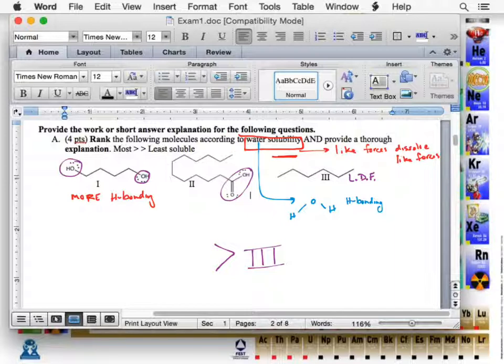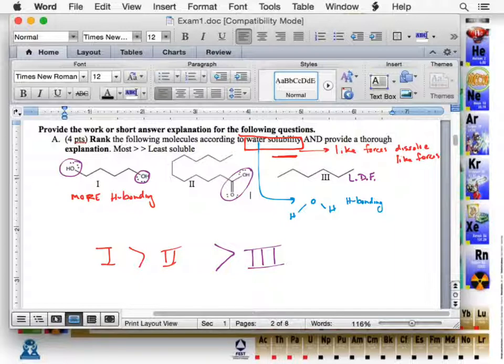It's more likely to interact with water. Okay. We've got general notes now all over it. I would probably be able to discern what you were trying to say and potentially give you full credit. You should probably put it into a sentence explaining your reasoning.